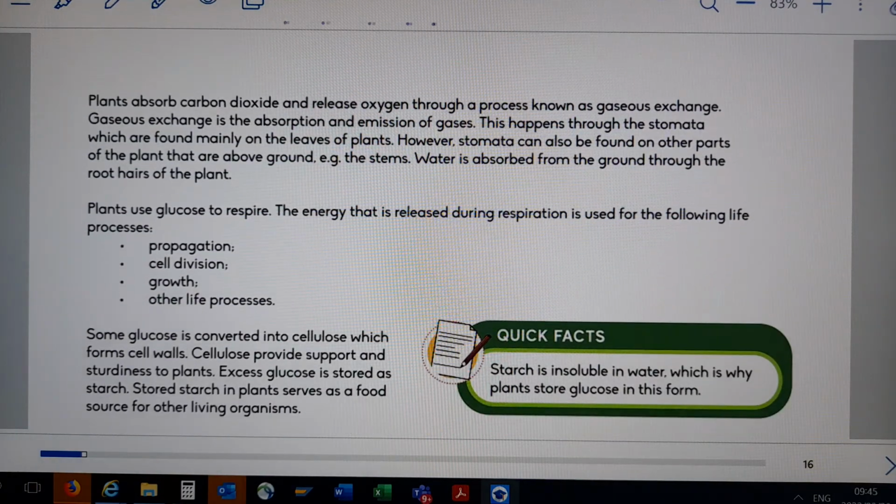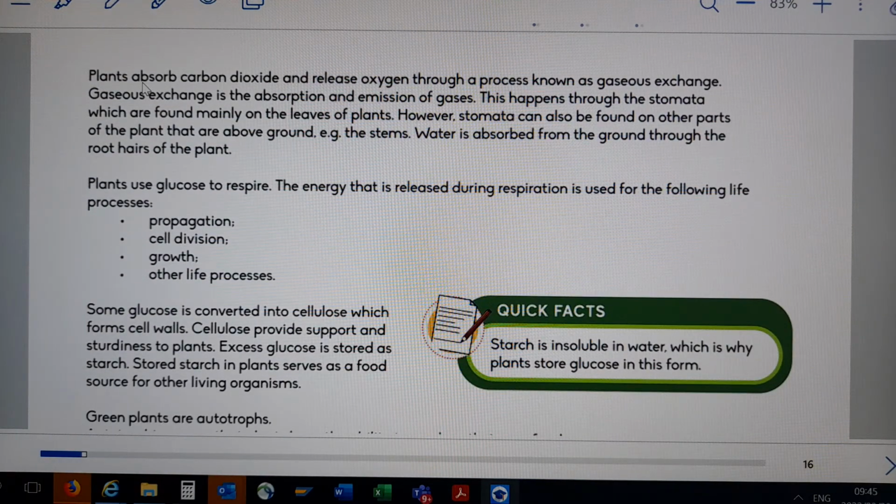Okay, so in these notes, they explain exactly the same thing that I've explained with the plant. They say plants absorb carbon dioxide and release oxygen through a process known as gaseous exchange. Okay, so the absorption of carbon dioxide and release of oxygen is happening through a process known as gaseous exchange.